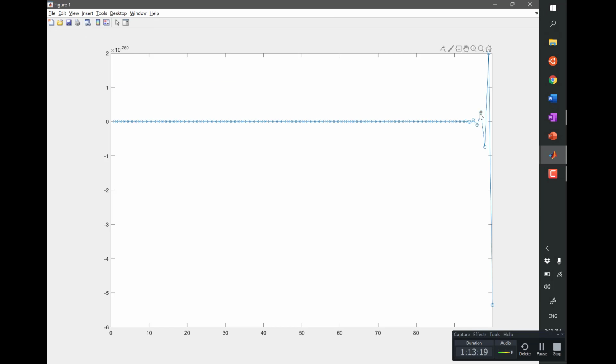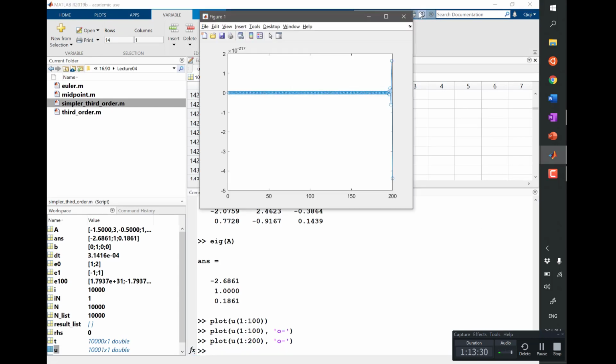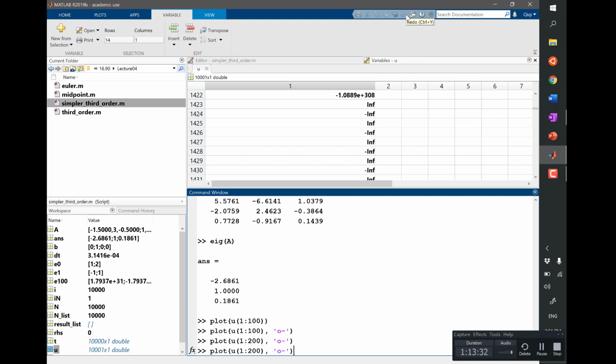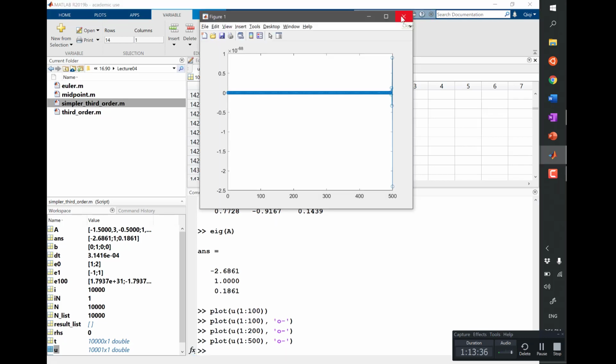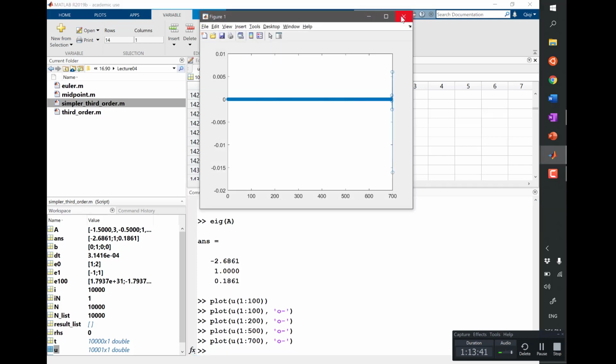What's the ratio of the magnitude of one point to the last point? This is still pretty small, so let me plot it with a large enough number, maybe 500, maybe 700. Yeah, now you get to a magnitude of normal values.